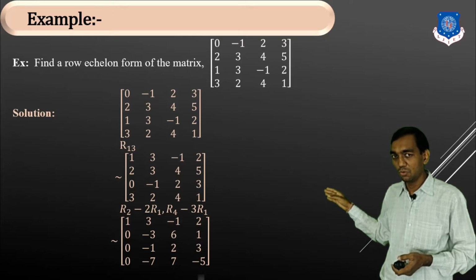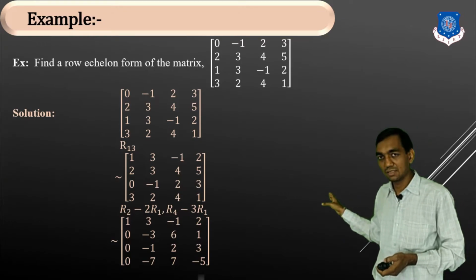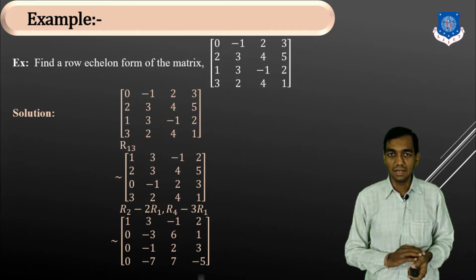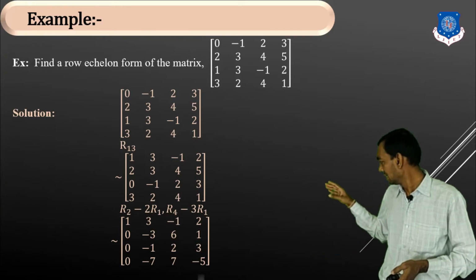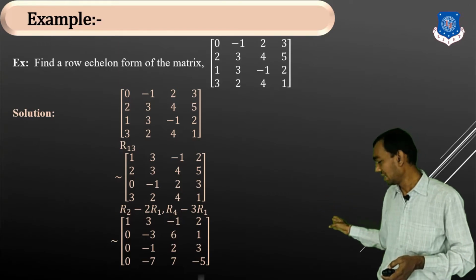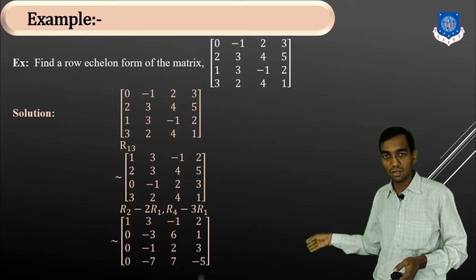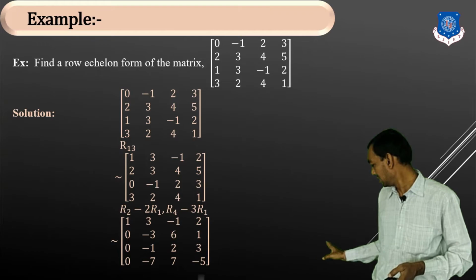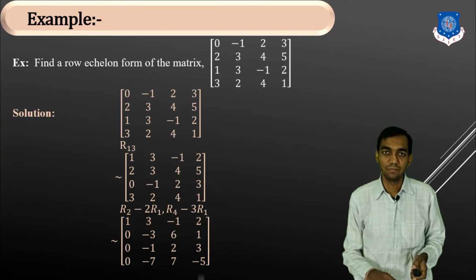We are going to write R2 minus 2R1 and R4 minus 3R1. That will give you the matrix 1 3 -1 2. The second row is going to be 0 -3 6 1, the third row will be 0 -1 2 3, and the last row will be 0 -7 7 -5.